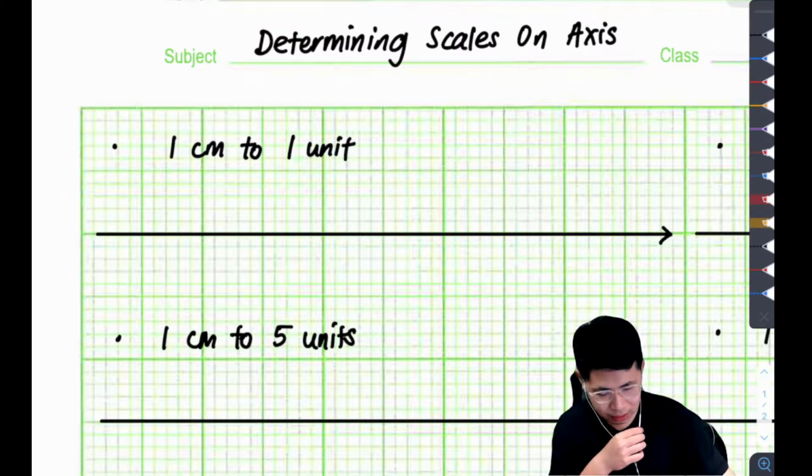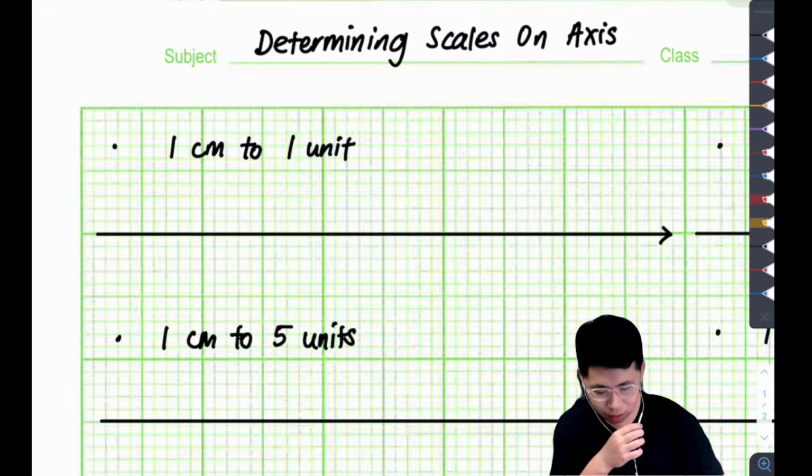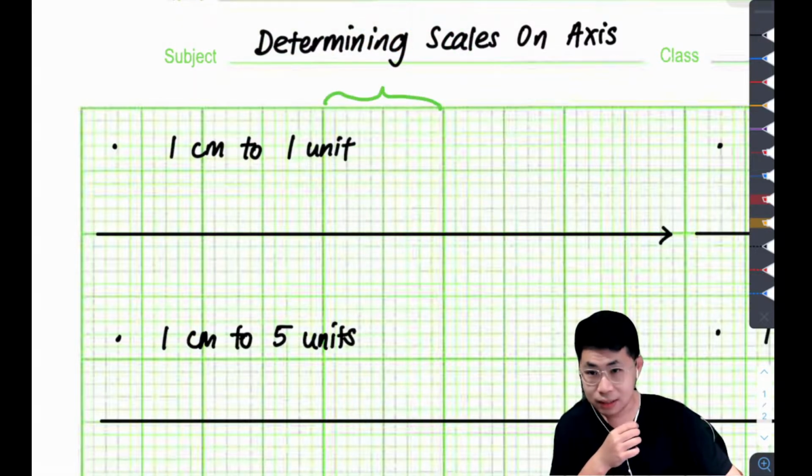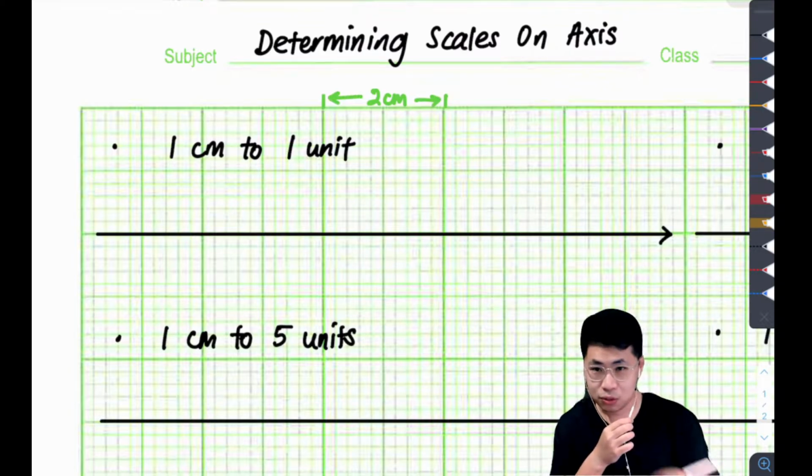You can see that this is one big box, and each of these boxes is made of smaller boxes. Now, to add on, this length over here to this length is actually 2 cm. So this full length is 2 cm.